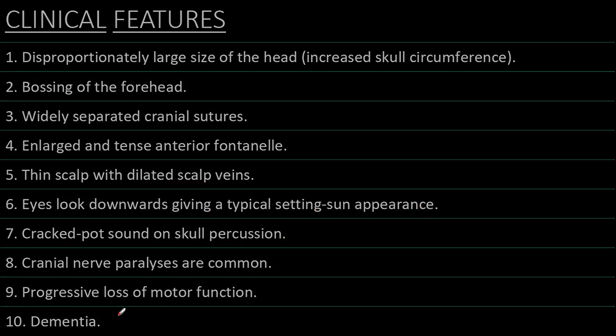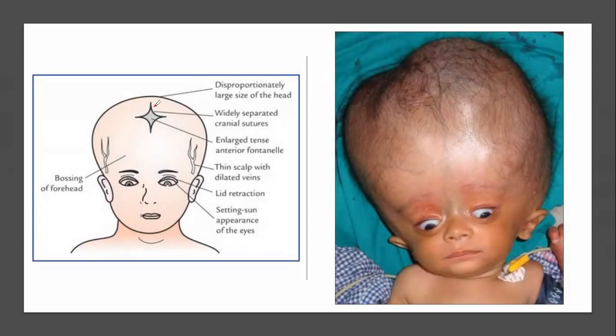So let's look at this. You can see the anterior fontanelle is enlarged and tense. The sutures here are widely separated. You can see disproportionately large size of the head. You can see this head is very large. Then you can see thin scalp with dilated veins.